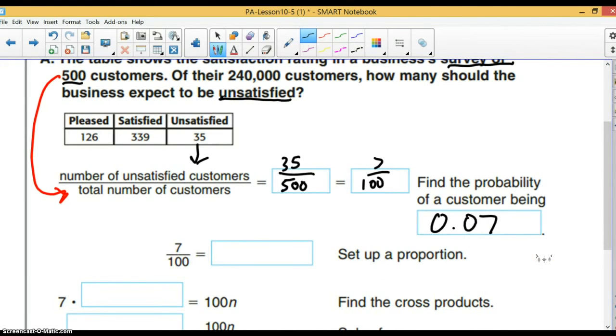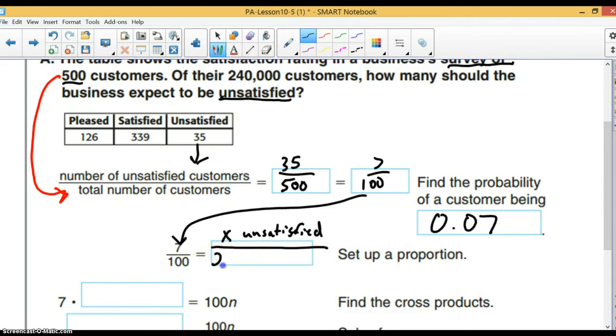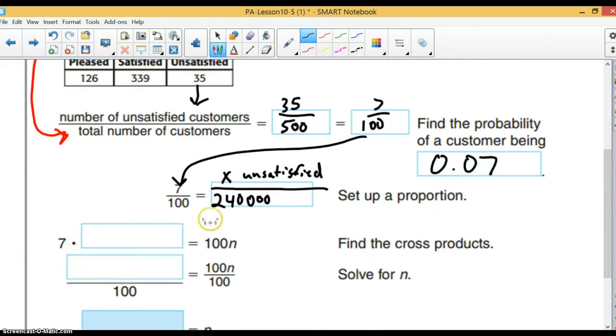So from there we can set up our proportion. 0.07 is the same thing as 7 over 100, and we're going to set that up so we have the number that we're trying to find, x, the number of unsatisfied customers, over the grand total number of customers the restaurant has, so 240,000.